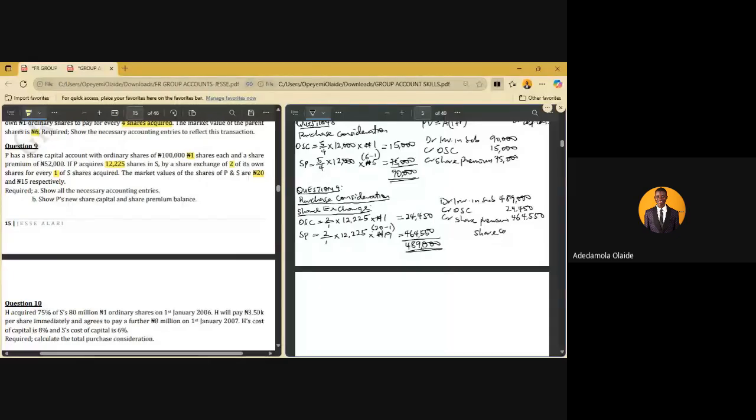We just say share capital. The share capital account will have what? Balance brought forward is not a liability, it is equity. So the opening balance will be on the credit side as an equity.